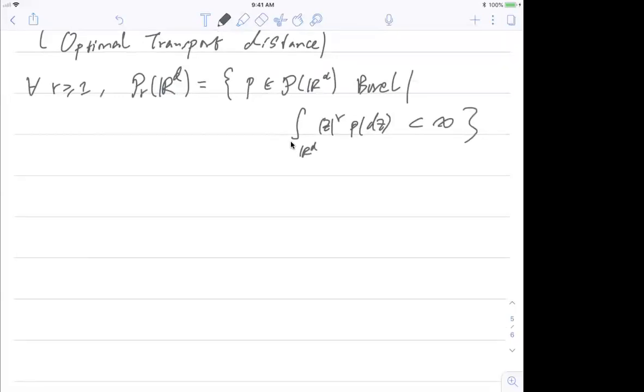So this is probability measures with finite moment of order r.